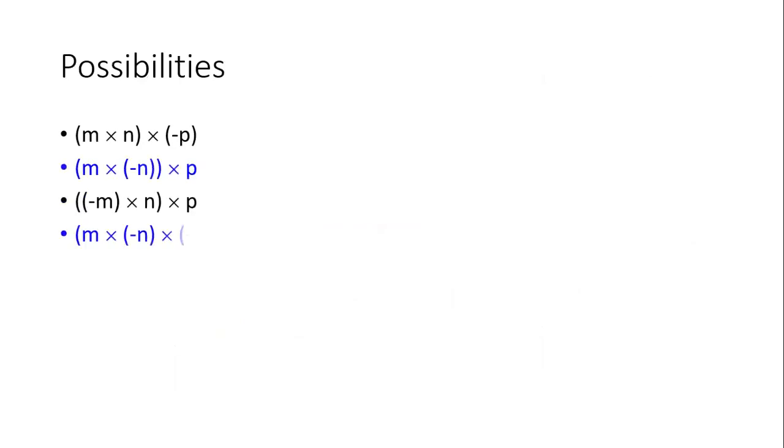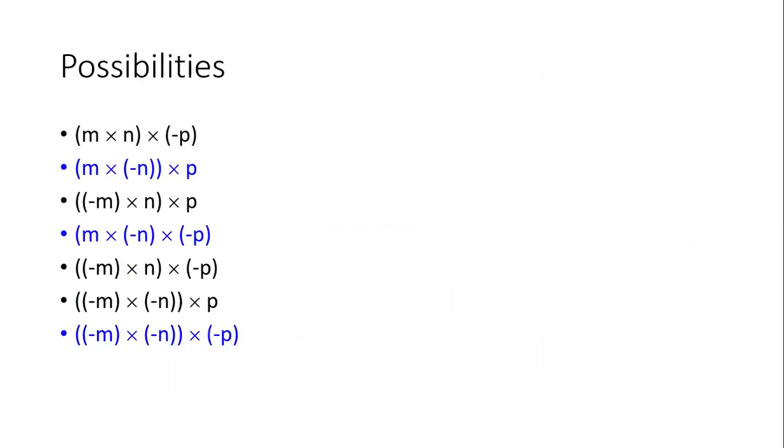As you can see, there are tons of possibilities considering the positive-negative combinations. In fact, there are 8 possibilities in total, if you include the all-positive combination also. The ones in blue are the ones which are shown. You can try the others on your own. It will be very similar.